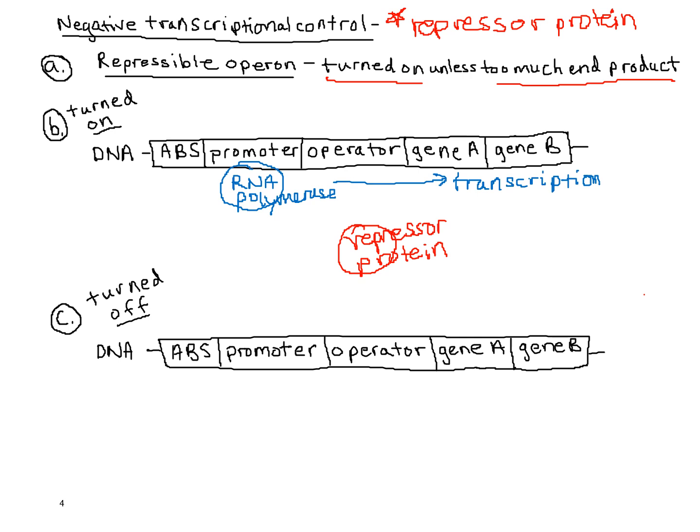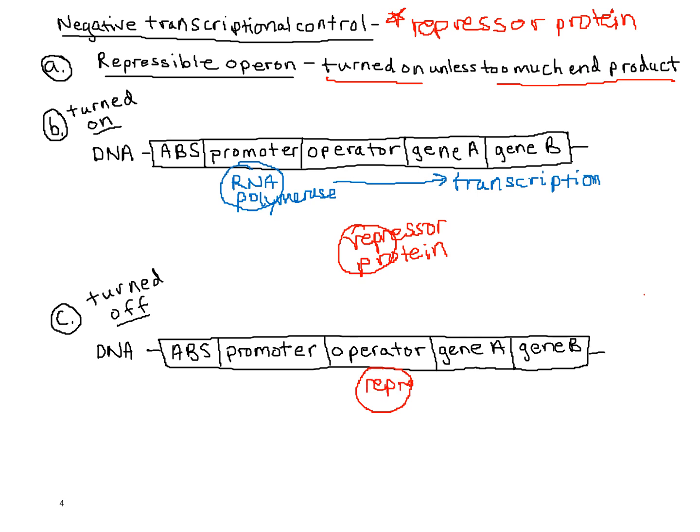And remember, when something binds to a protein, it oftentimes will change shape. So if we end up with too much end product, maybe like tryptophan, that can bind to our repressor protein, and that will make it change shape, and then it can bind to the operator. So let's draw that.